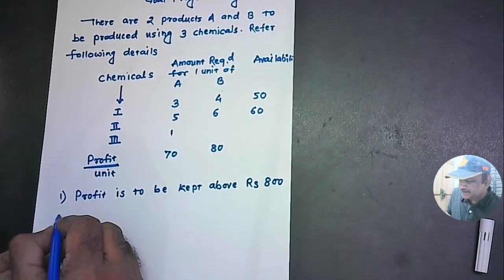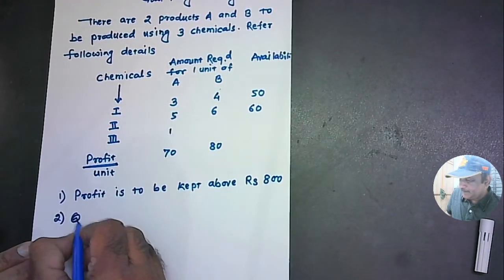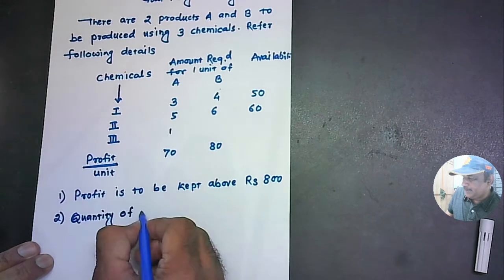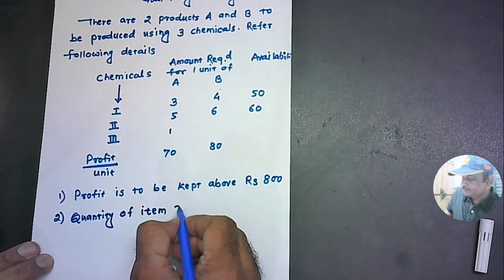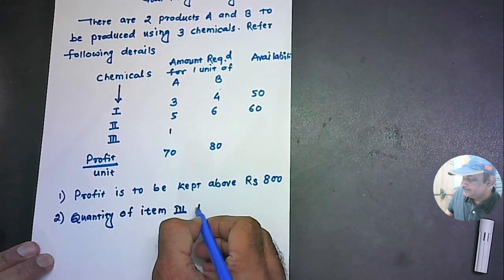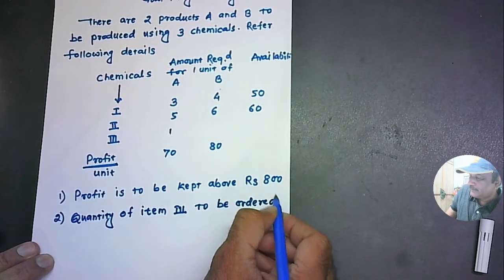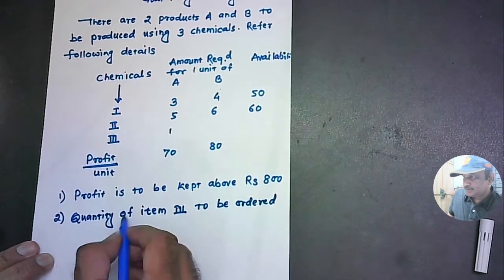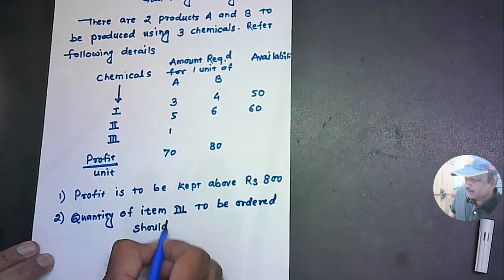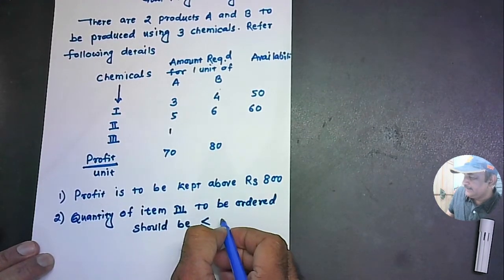And the second thing which is mentioned is that the quantity of item 3, that is chemical 3, to be ordered should be less than or equal to 8.